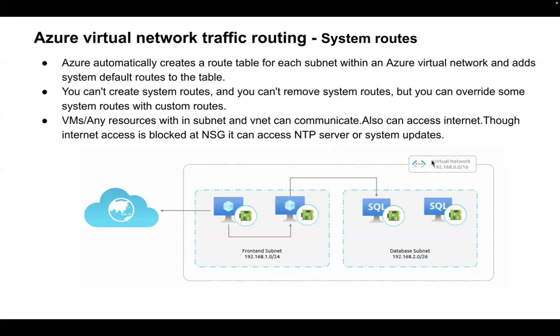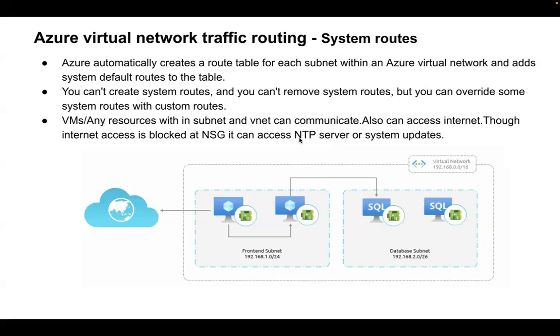Though internet access is blocked at the NSG, it can access the NTP server or system updates. On the VNet, once you add an NSG, it will block the internet, but NTP and system updates still get downloaded. If you are using a VM, Windows or Linux, CentOS or anything, the system updates get downloaded over the internet.